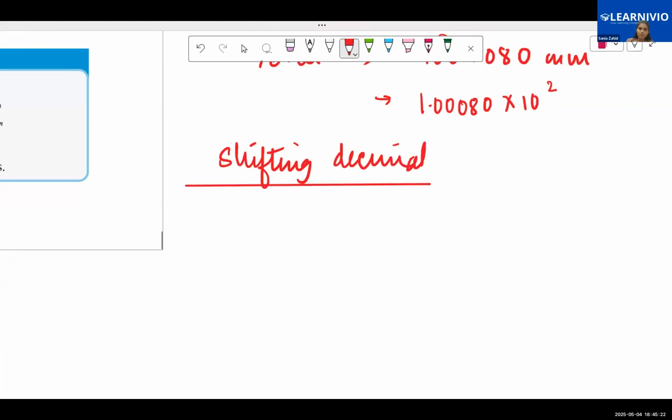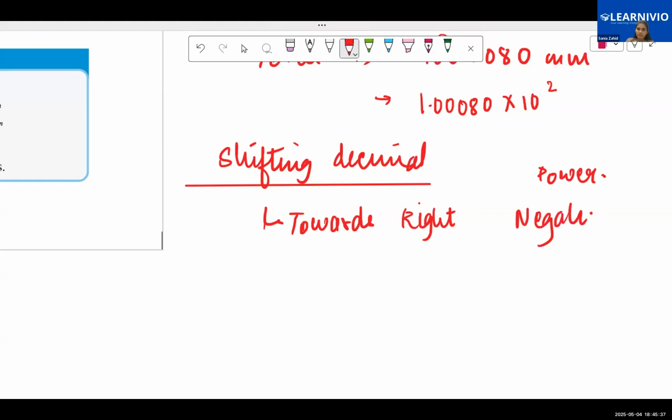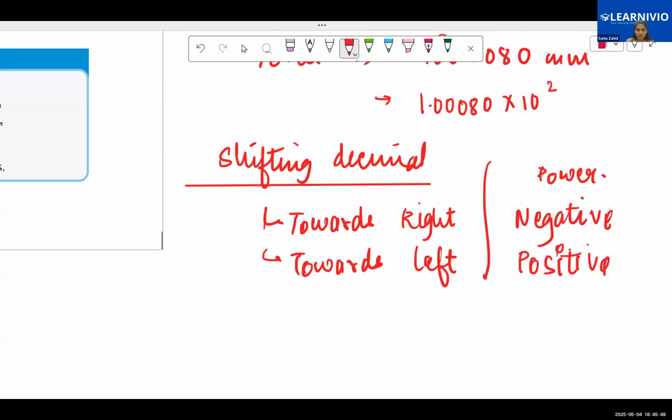So when you shift towards right, power is negative. And when you shift towards left, power is positive. Okay, children.